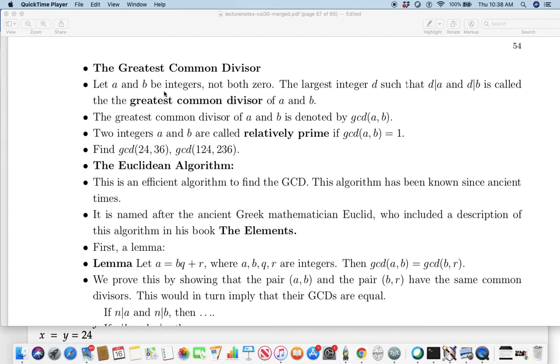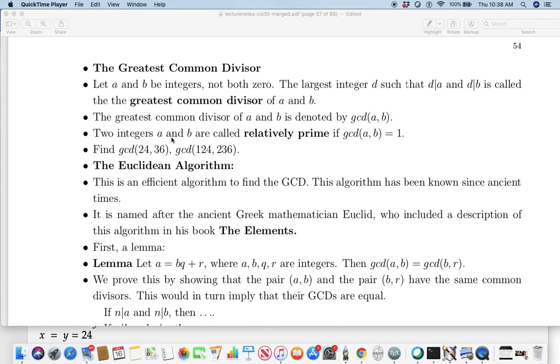Let a and b be integers, not both 0. The largest integer d such that d divides a and d divides b is called the greatest common divisor of a and b. The greatest common divisor of a and b is denoted by GCD(a, b).